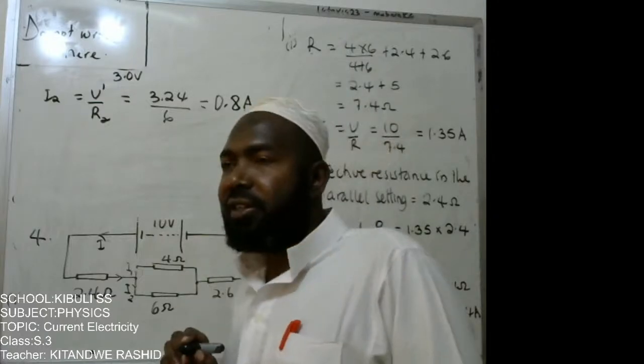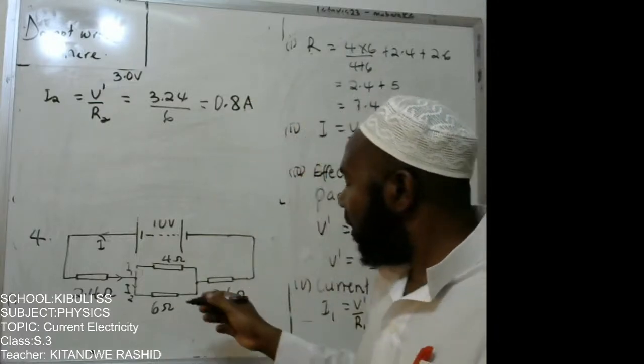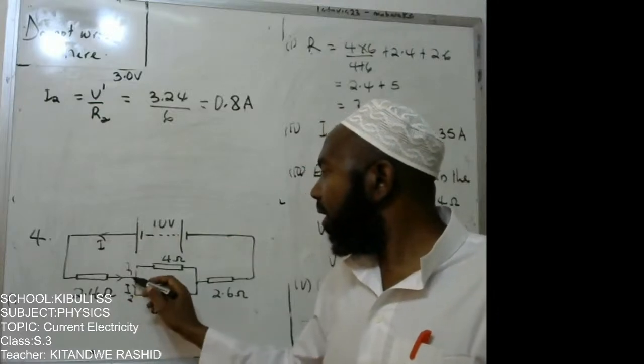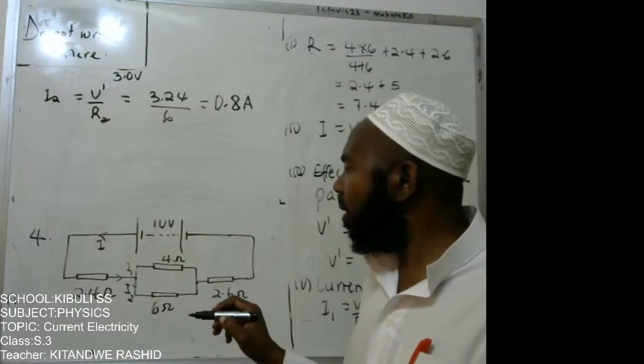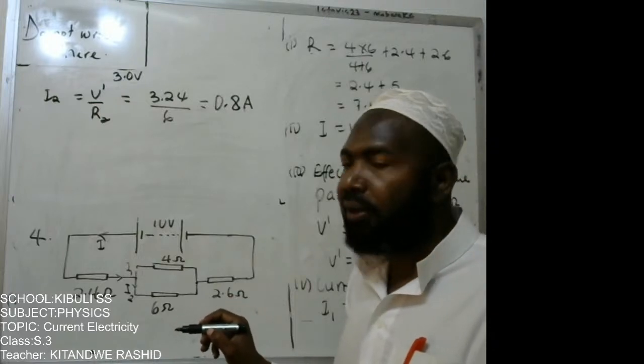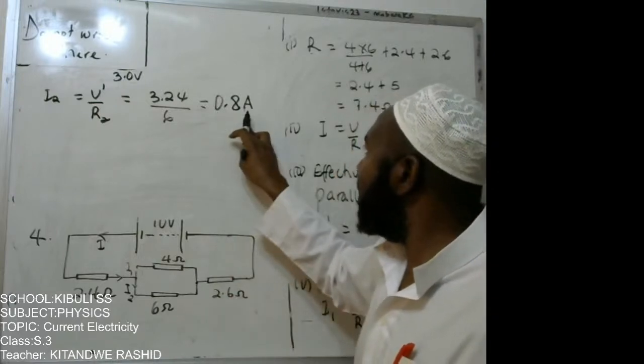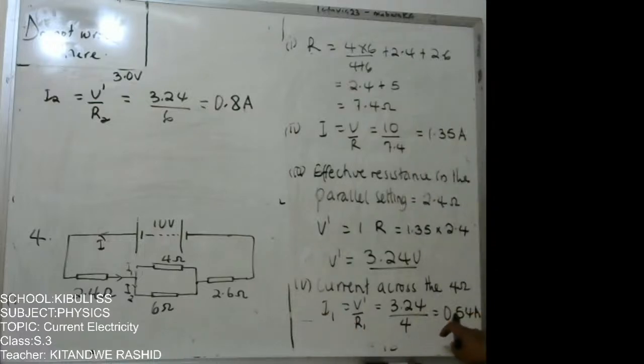Now we need to note that this current I subdivided into I1 and I2, it implies to prove whether your answer is correct or wrong, you add 0.8 with 0.54 and see whether you are getting a total current of 1.35. Are you getting what I'm saying?